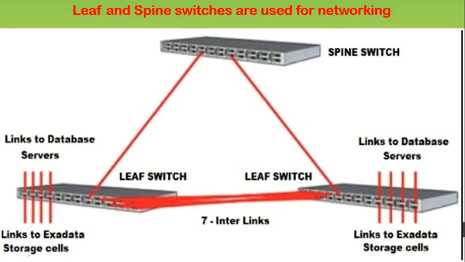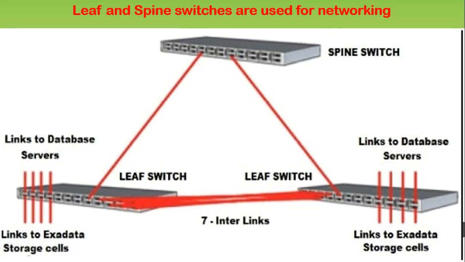Leaf and spine switches are used for networking. In the Exadata machines, we have switches in the middle layer, between the database layer and the storage cell layer. There are spine switches and leaf switches.